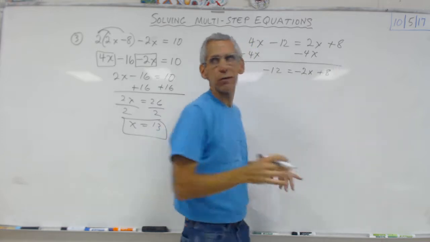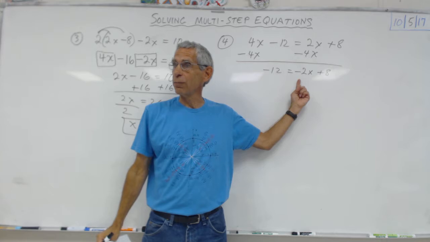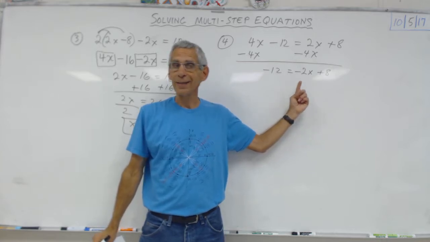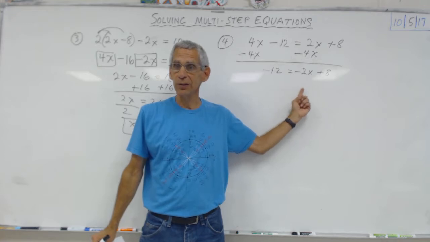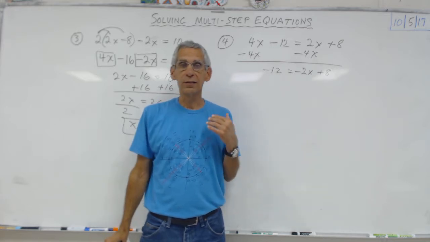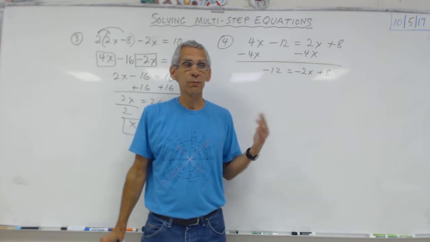Now, there's nothing wrong with that. Absolutely nothing wrong with that. It's just that I prefer to have my x's positive whenever possible, because I like to keep it simple. KISS. Keep it simple, silly. Because negatives mess people up. It's easy to make a simple mistake when you've got a bunch of negatives in there. If you don't need them, why put them in there?